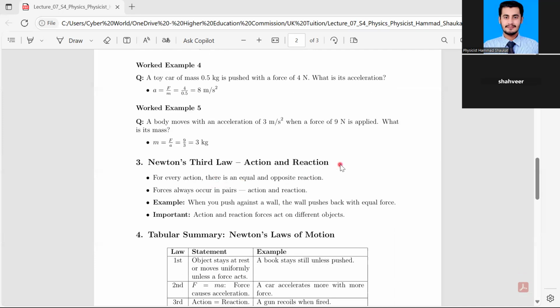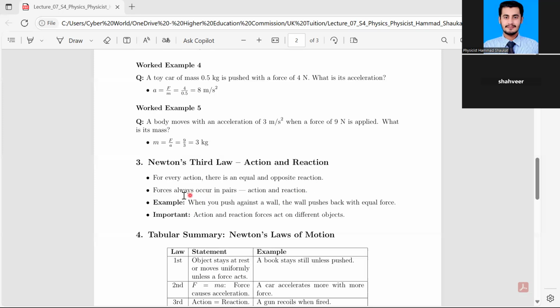So the final Newton law of motion is Newton's third law of motion. This law is also known as action and reaction because it tells us about the action and reaction of a body. So what does Newton's third law state? It states that for every action there is an equal but opposite reaction.